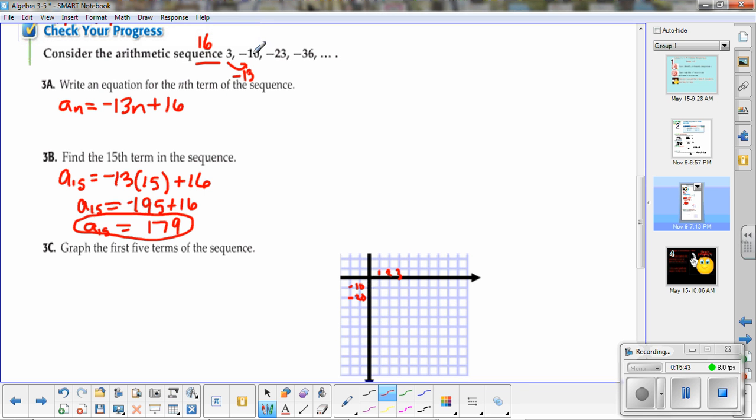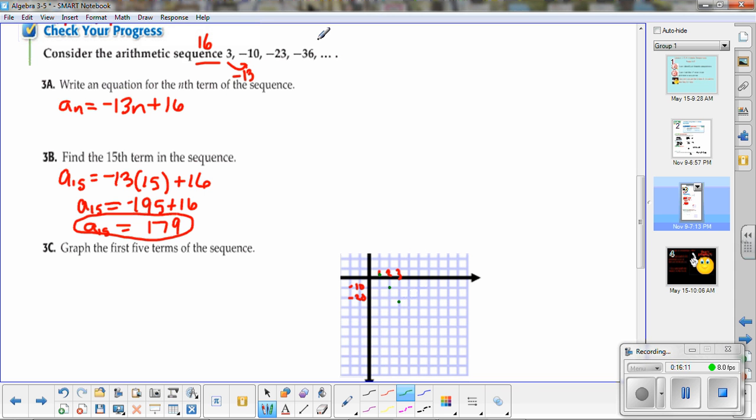So the first term was 3. It's going to be, let me get a different color, just a little bit above the x-axis. And then the second term is -10, so that's going to be right there. The third term is -23, so it's going to be a little bit past -20.